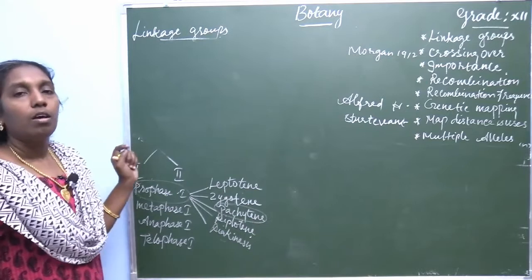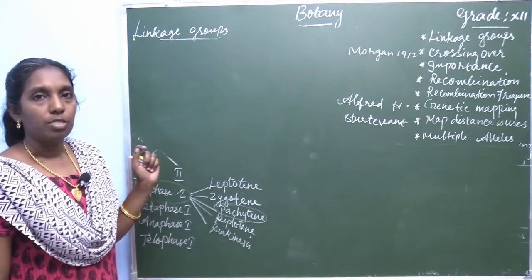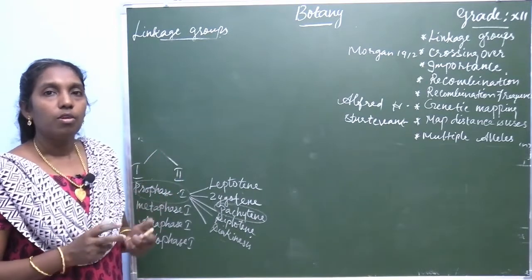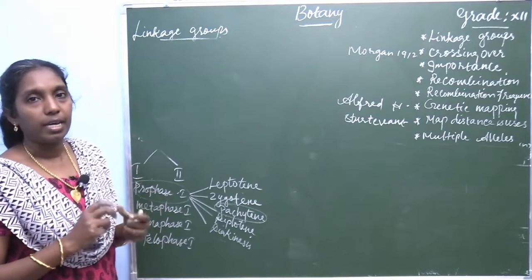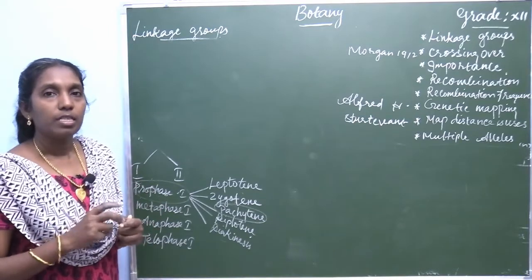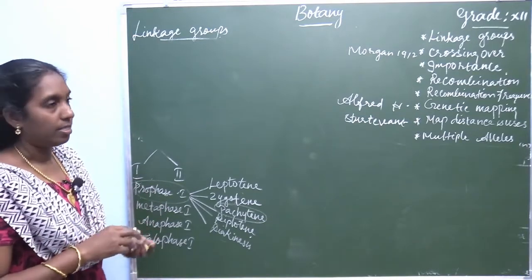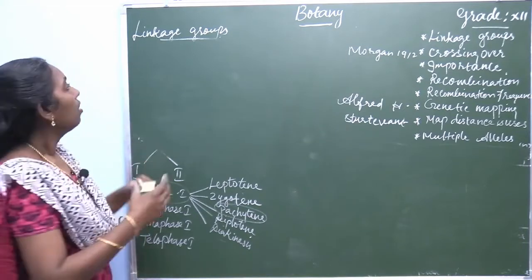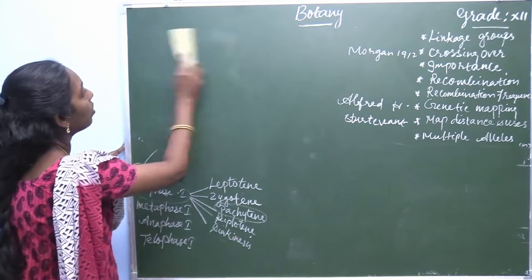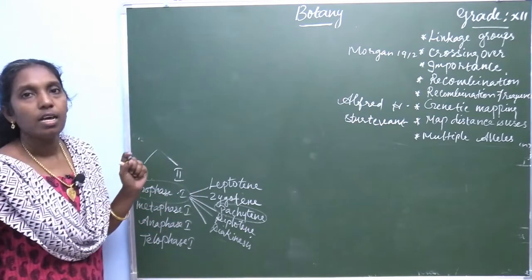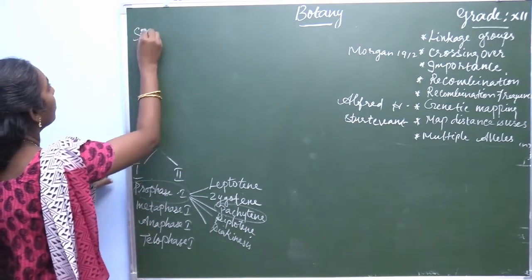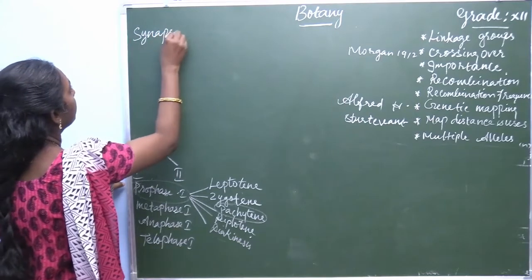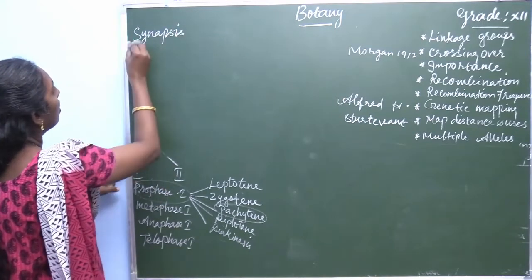The mechanism of crossing over is a precise mechanism and comes under 4 different stages. Crossing over starts from synapsis.